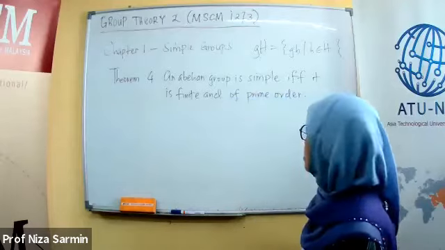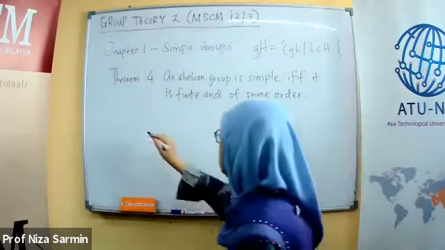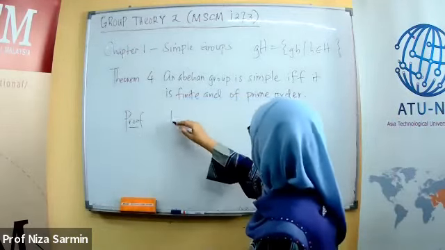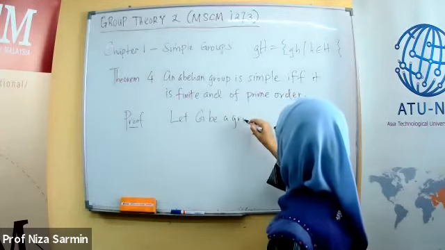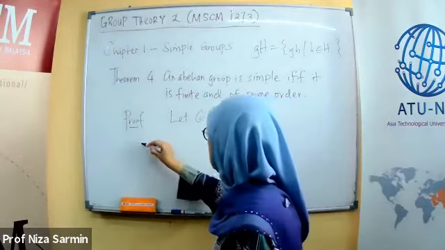Okay. So I will not write the proof here, but I will just give some hints, yeah? Proof. So you will put, let G be a group. Okay, then you show this one.